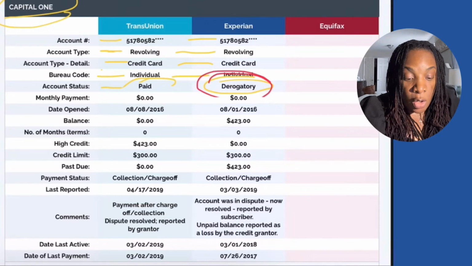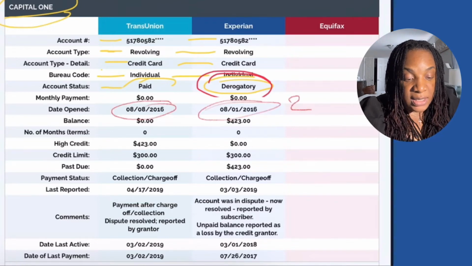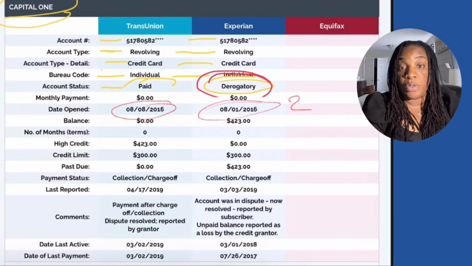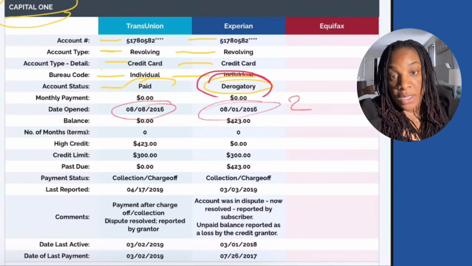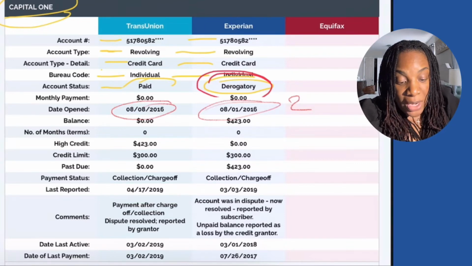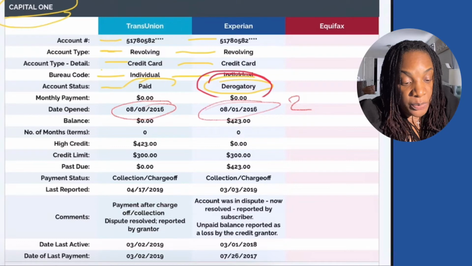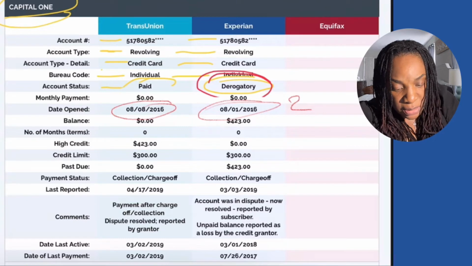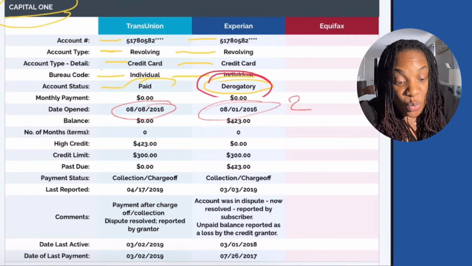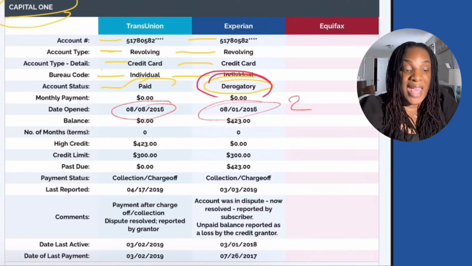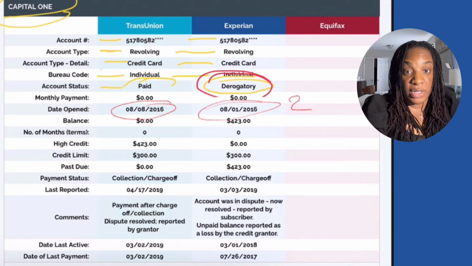Date the account opened. As you can see, they have 2 different dates. There's no way you open one account on 2 separate dates. One of these is inaccurate. So what I'm going to do here is use this as 2 dispute reasons.